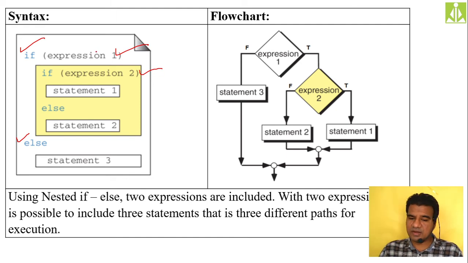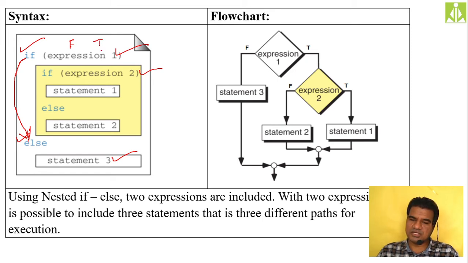How the consideration will be over here in the sense, first the outer condition will be checked, outer expression will be checked. If the outer expression is false, let us assume, we will go with the simple method. If the outer expression is false, then what will happen? Directly the control will jump to the false part, that is else part, and it will execute statement 3. The statement 3 will be evaluated. But if the expression 1 is true, in that case what will happen?